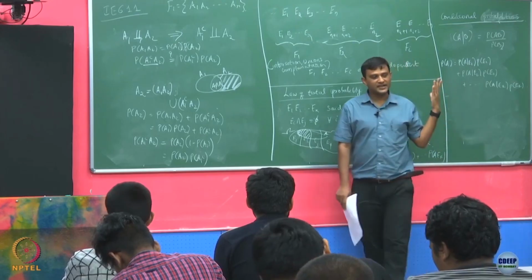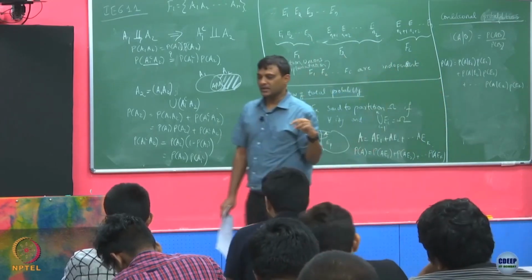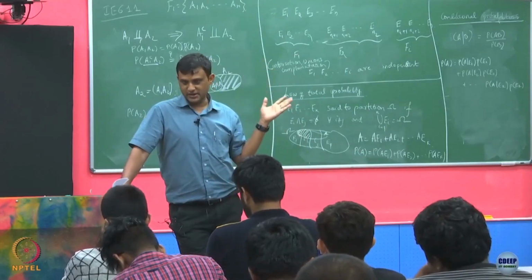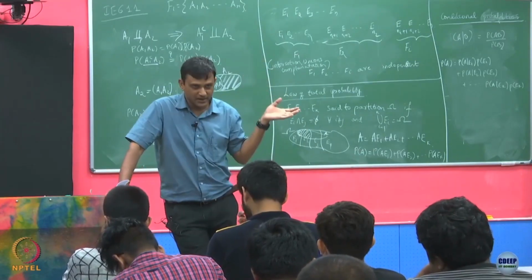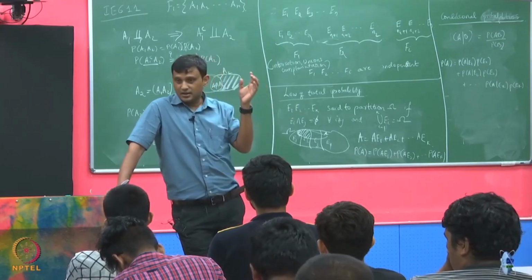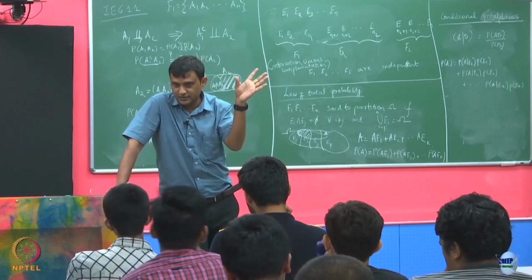So suppose, let us say I tell you these events E1, E2, Ek partition, and I know this probability. Further, I know the conditional probability of A on these partitions.